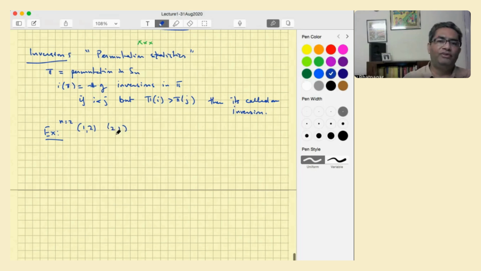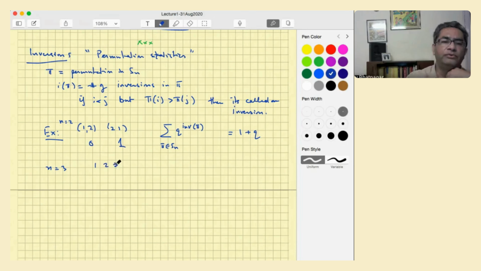Pi of 1 is bigger than pi of 2. So here the number of inversions is 1 and here it's 0. What we are interested in is the generating function, and in this case the generating function is 1 plus q. So this doesn't tell much, let's try 3.